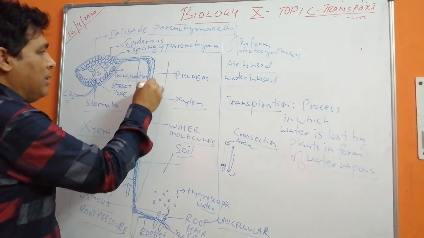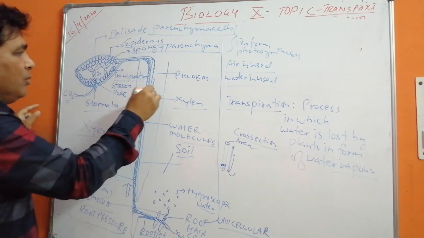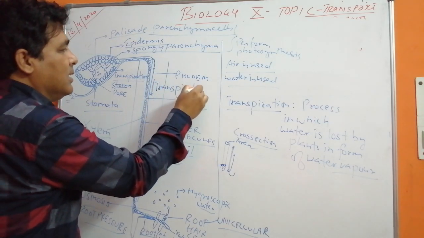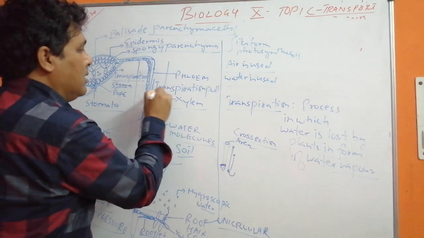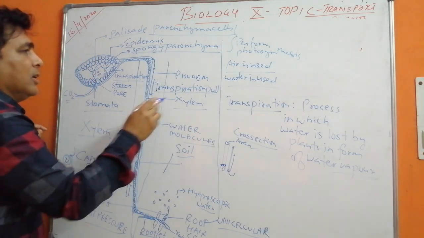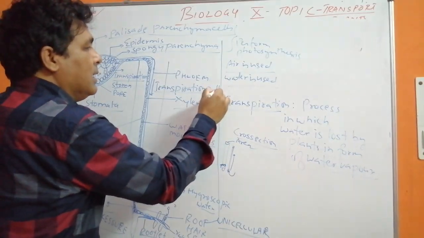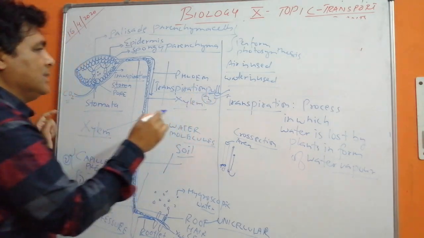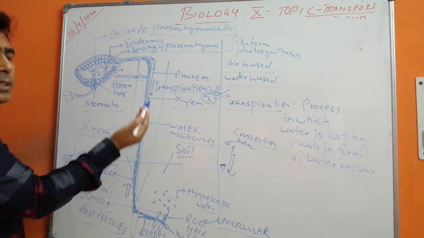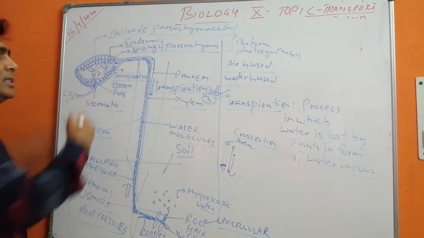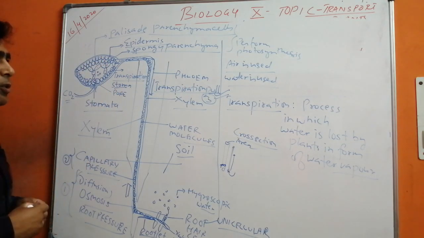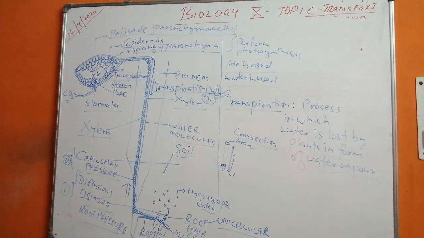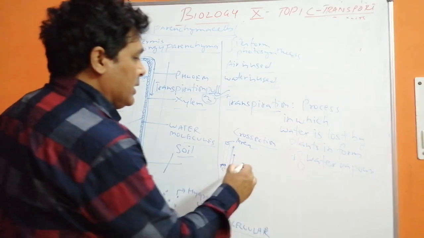Now here a pull will be created which is known as transpiration pull. Now this transpiration pull is the third process which moves the water upward towards the leaves. So there are three processes which are required here which help in the movement of the water.